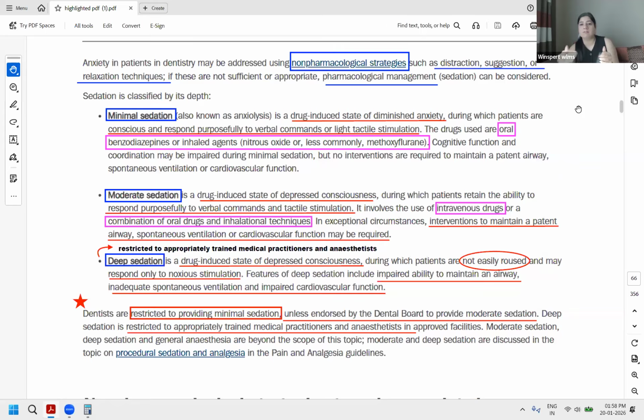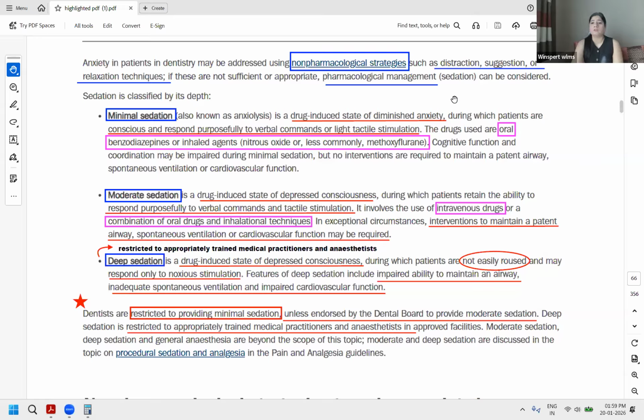So there are different levels of sedation which are achieved: minimal, moderate to deep. In dentistry, there's only room for minimal. Moderate only for the dentists who have the license with the dental board and are trained for that. But still, regular dentistry, minimal sedation only works. Deep sedation is again with the hospital and not for dental use. This is done by anesthetists and medical practitioners.